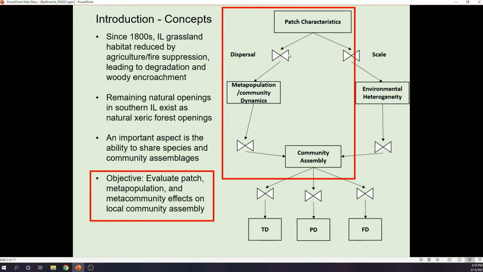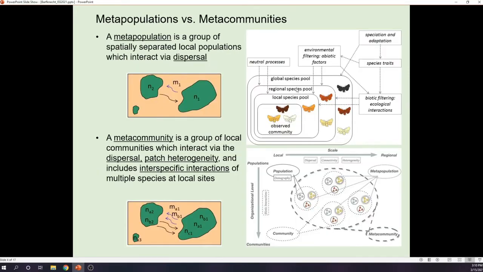Moving on, it's important to define the difference between a metapopulation and a metacommunity, because a lot of people tend to think that a metacommunity is just several metapopulations that together go in between sites.